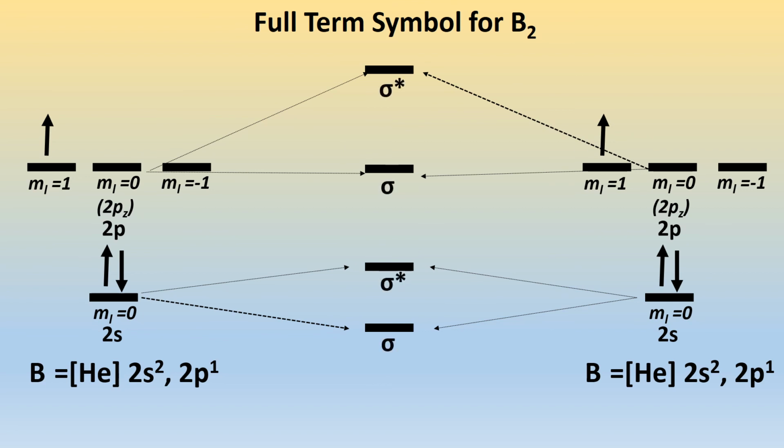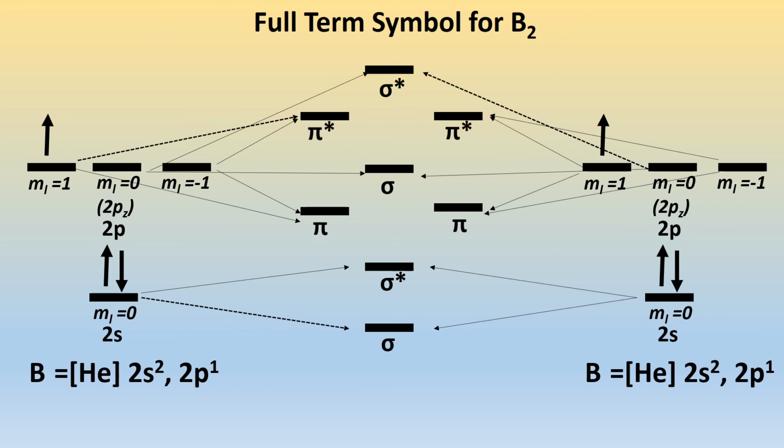Also, anything with an m sub L equal to 1 will form a lambda equals 1 or a pi orbital. These are, once again, bonding and anti-bonding pi and pi star, and return the relationships of the z-axis with m sub lambda equal to 0, equal to 1 or minus 1. And we also know how the electrons fill this symbol.